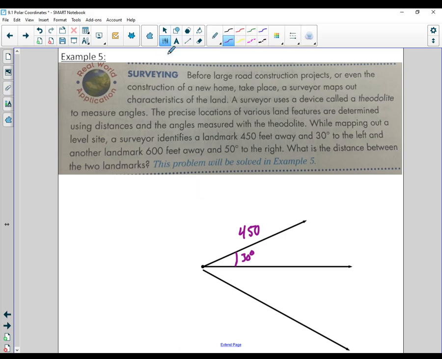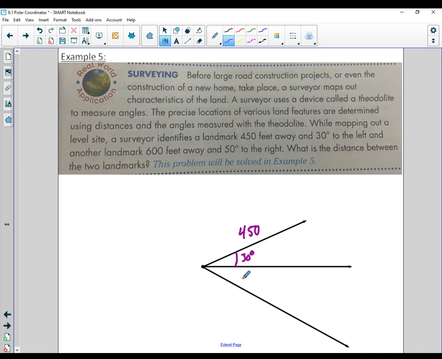And then this is going to be 50 degrees to the right, but the actual angle we want to deal with is going to be 360 minus 50, or we could say negative 50.